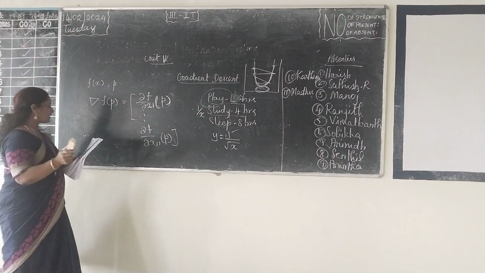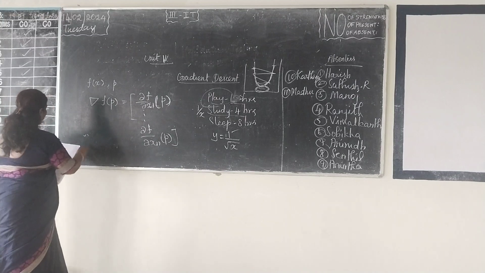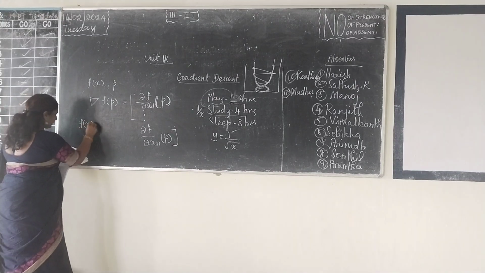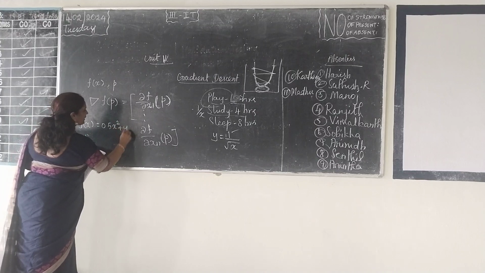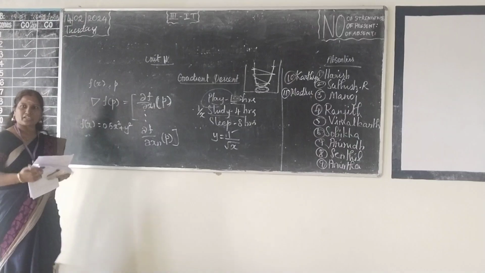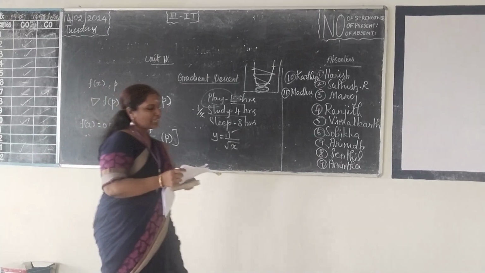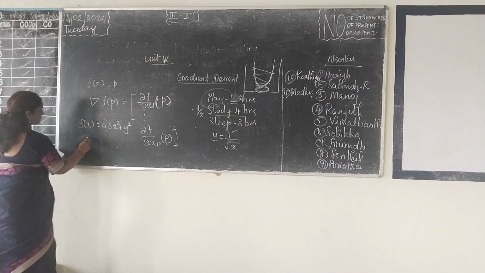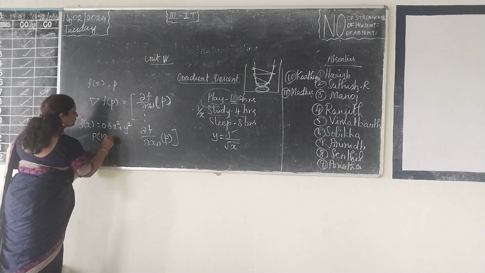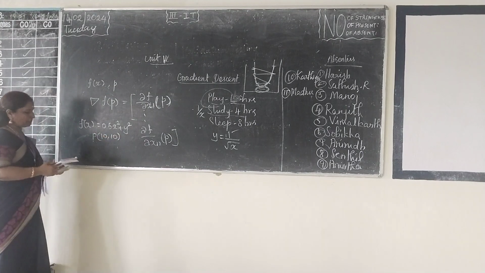We'll take a small example for this. We'll take f of x comma y equal to 0.5 x square plus y square as the function. Find the gradient at the point P of 10, 10.